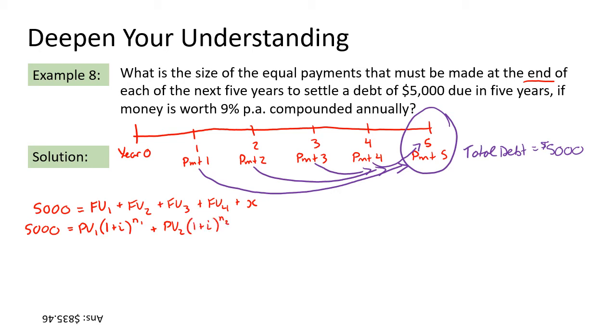I'm going to put n2 because it's a different number of compounding periods, plus present value 3 times 1 plus I to the exponent n. I place a 3 there, plus the present value for payment 4 times 1 plus I to the n4, plus x. Now remember, since all of these payments are equal, that present value at each period in time must be the same.